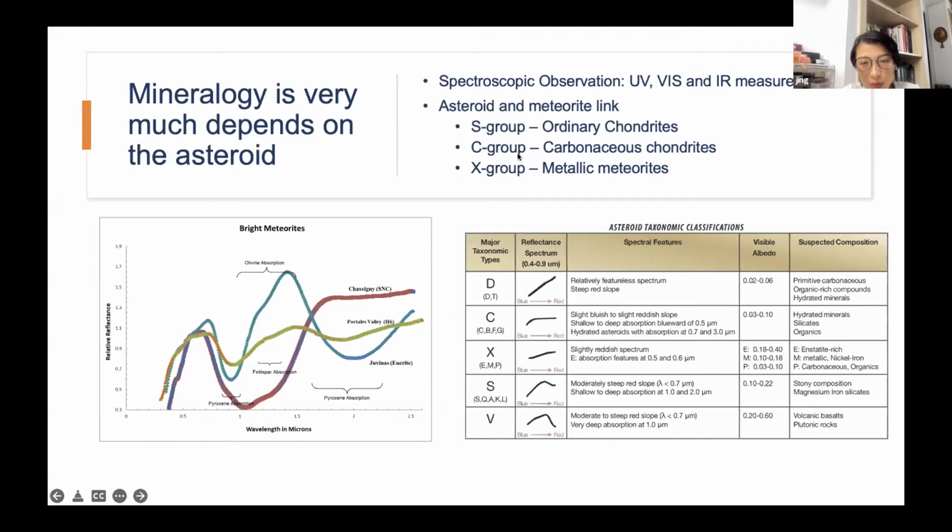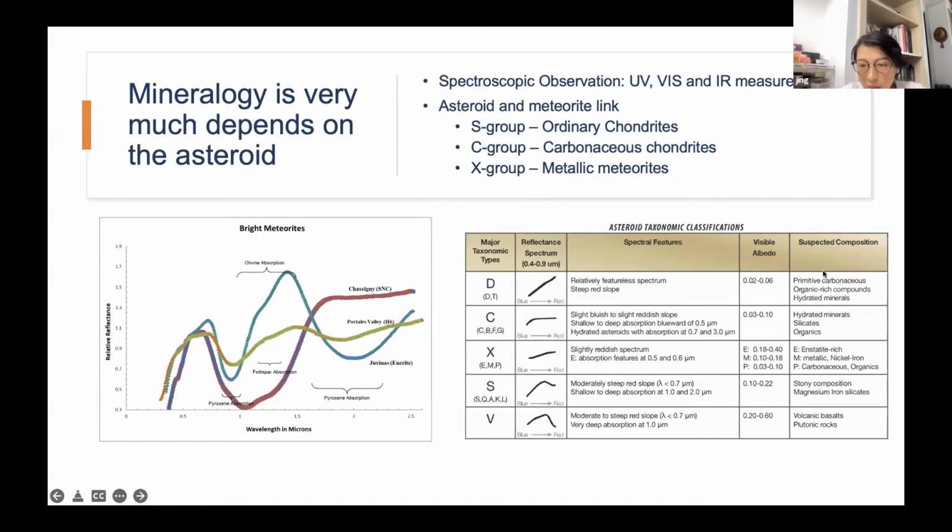There are several schemes for this taxonomic classification, but generally we can subdivide asteroids into 3 groups: S group, C group, X group. S is linked to ordinary chondrites, meaning stony asteroids. C is carbonaceous asteroids, linked with carbonaceous chondrites. X group contains metallic asteroids, so it's linked with metal meteorites.